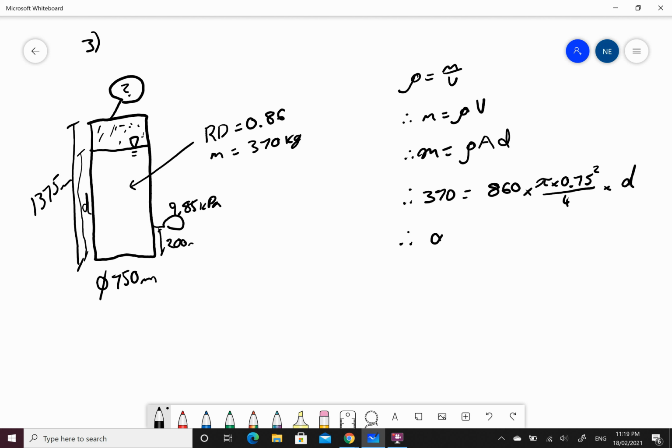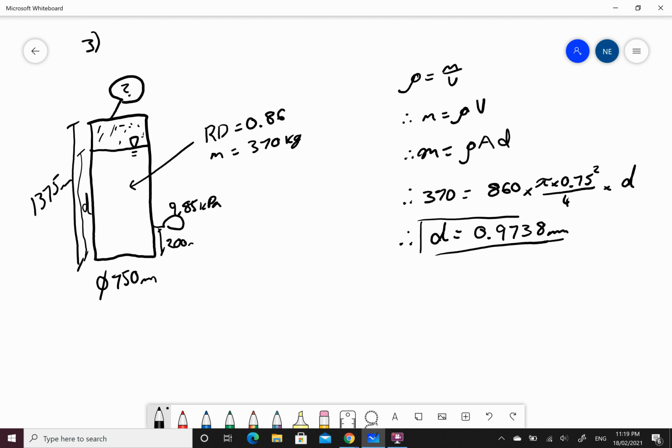So therefore, rearrange, d, or the depth of the crude oil, is 0.9738 meters. Just a note here, usually 2 decimal places is significant enough. Because I'm going to use this for further calcs, I'll keep it at this level and then I'll refine at the end.